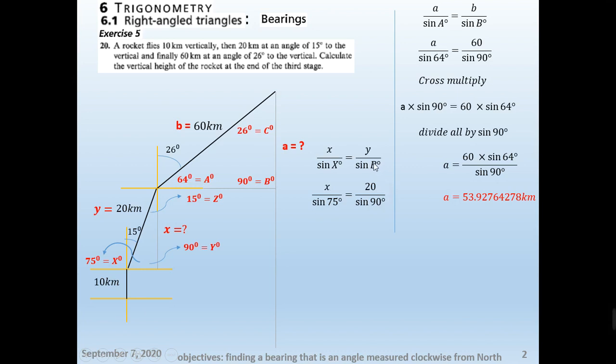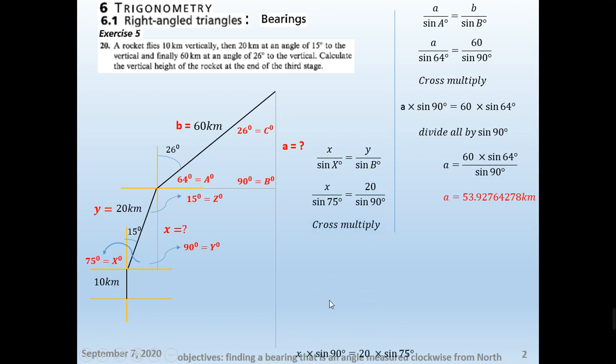So this is y capital, not b capital. X is my unknown. Sine of x capital is 75, so it's sine of 75 is equal to side y is equal to 20 kilometers, so 20 over sine of, or y capital is actually equal to 90, so it's sine of 90.